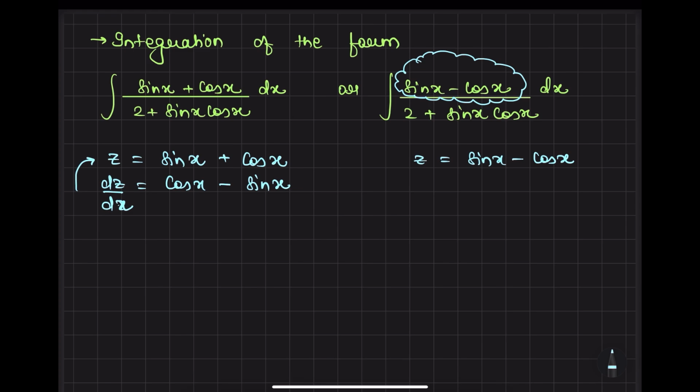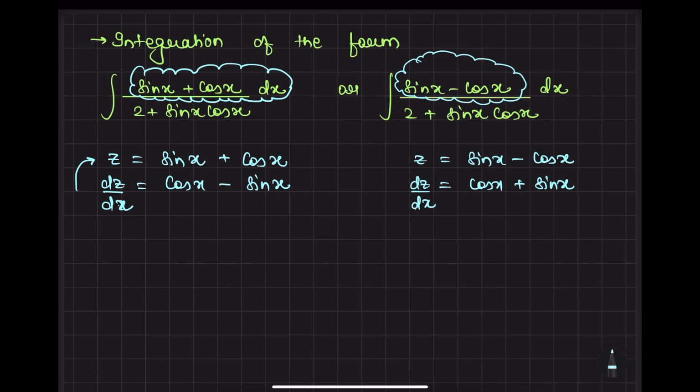Now suppose that you have differentiated the other one, dz by dx, so it will become cos x plus sin x. After differentiation you can create this. So if you can create sin x plus cos x, you should take z as sin x minus cos x. And if you have to create cos x minus sin x, you have to take z as sin x plus cos x.